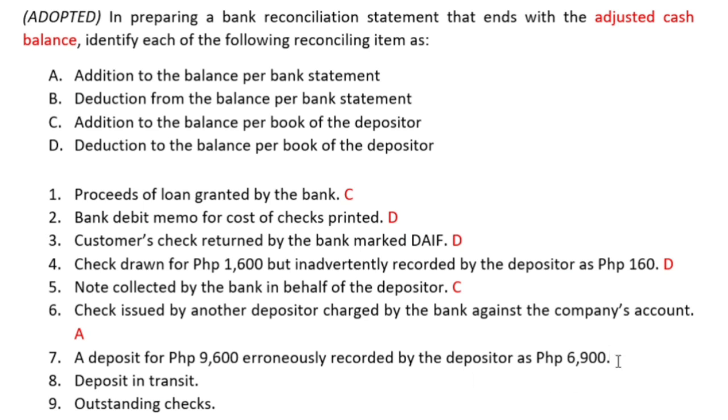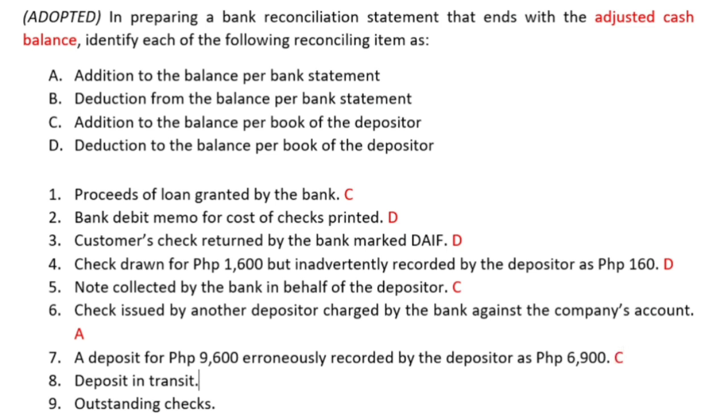Kunwari galing ito sa receivable, collection of a receivable, nag-debit ka ng cash, nag-credit ka ng accounts receivable. Instead na 9,600. So dagdagan natin. Kunin natin yung difference nitong dalawang amount, 9,600 minus 6,900. The difference will be a debit to cash and a credit to your accounts receivable. So for number 7, the answer is letter C, addition to the balance per book of the depositor.